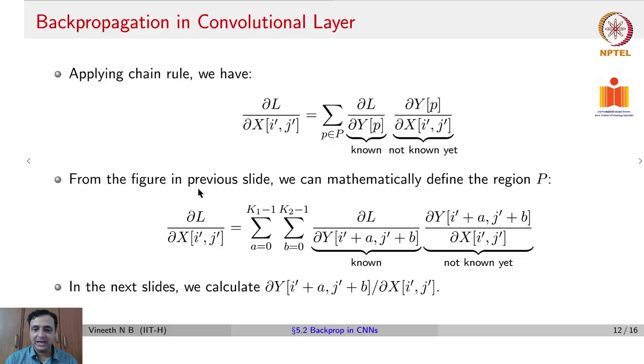From the figure in the previous slide, we can define that region P as a going from 0 to K1 - 1, b going from 0 to K2 - 1, of ∂L at a particular pixel Y at (i' + a, j' + b), times the derivative of Y at (i' + a, j' + b) with respect to X at (i', j').